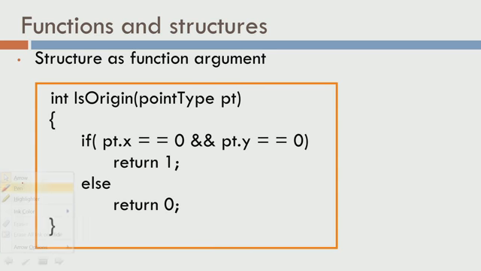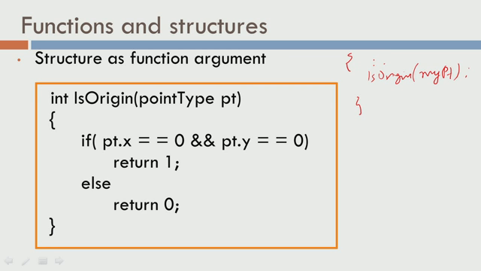So let us say I have a point already in place and I call isOrigin of my pt. So let us say this is inside your main function. You have set up my pt to be, let us say, 5 comma 4. You want to find out is 5 comma 4 origin or not.